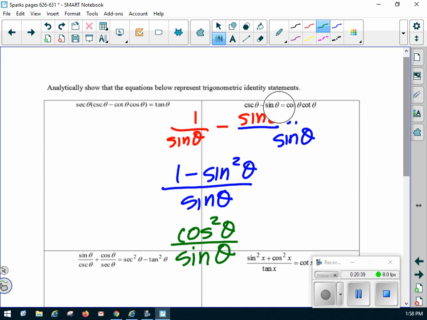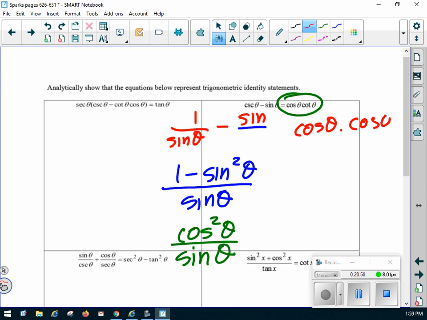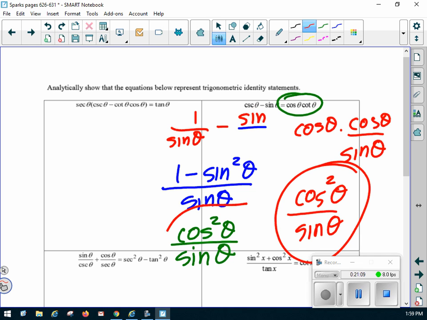Cosine times cosine over sine, which is your cotangent. So if we go over to the right side, I think these are just fun. Cosine theta, but that's cosine theta over sine theta, which is cosine squared theta over sine theta.